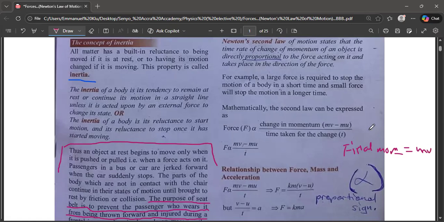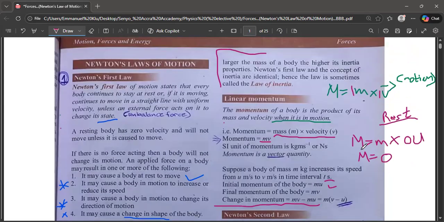Don't get confused. And the initial momentum, what is the initial momentum going to be? You just saw it. The initial momentum is going to be mu. So come and see it over here. That is what you are seeing now.